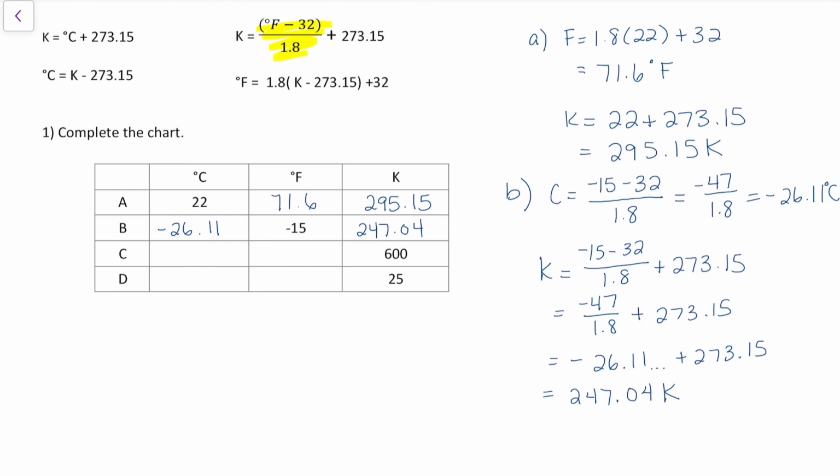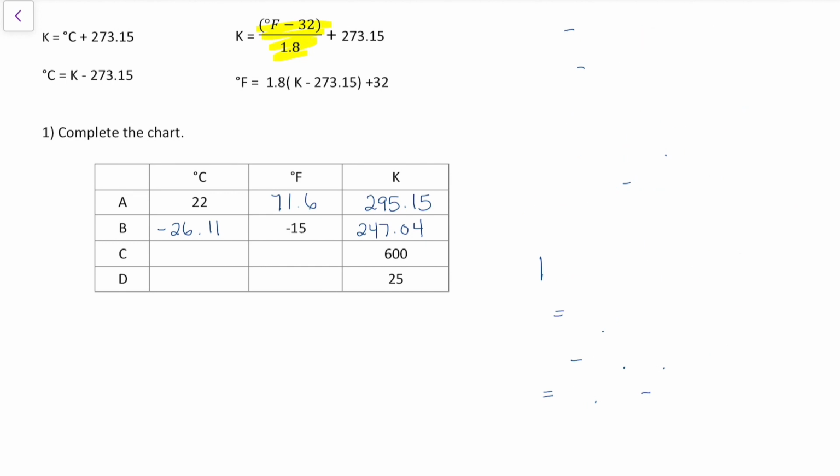Okay, you try C and D, pause the video, and then start it up again when you're ready. Let's look at C. I have 600 Kelvin and I need to go to Fahrenheit and Celsius. So let's first look at our Celsius conversion.